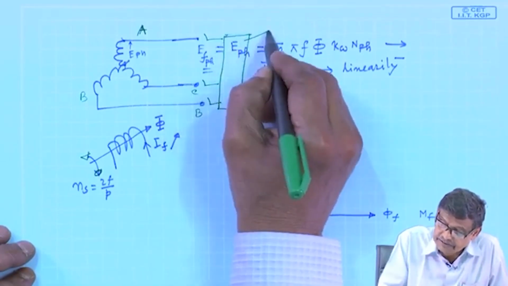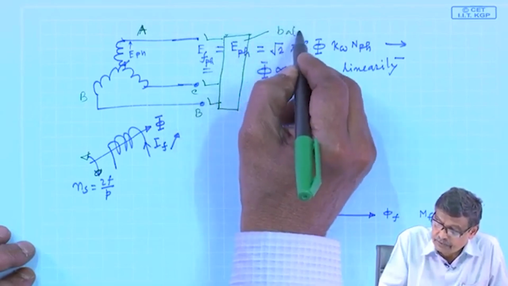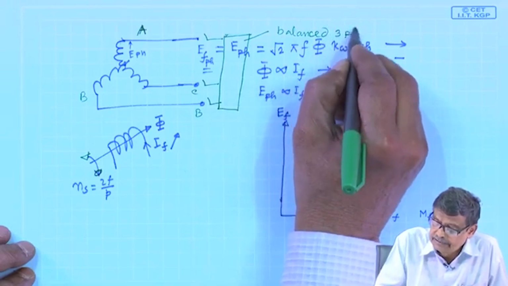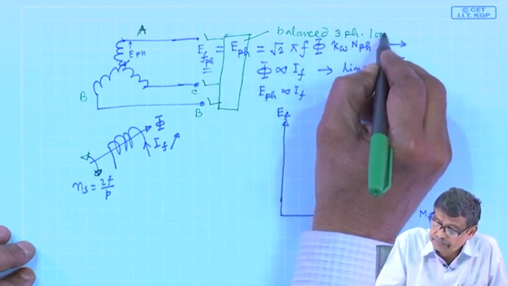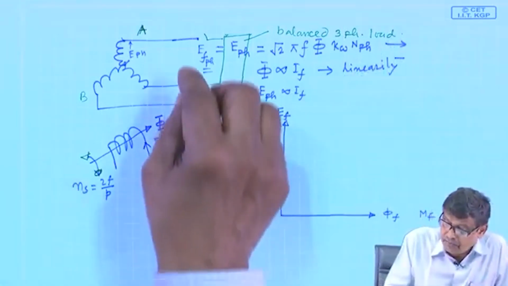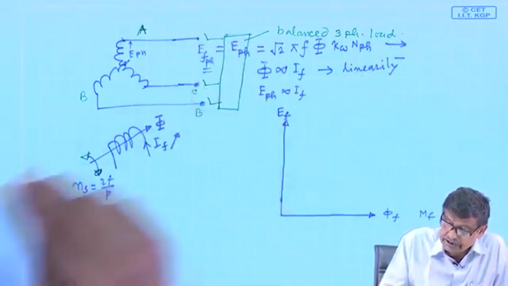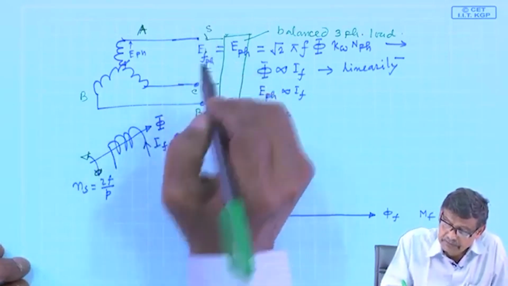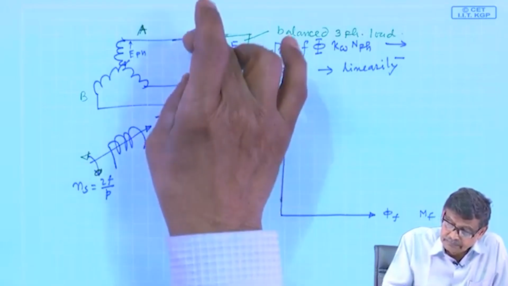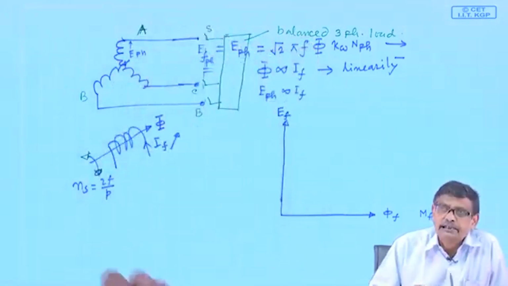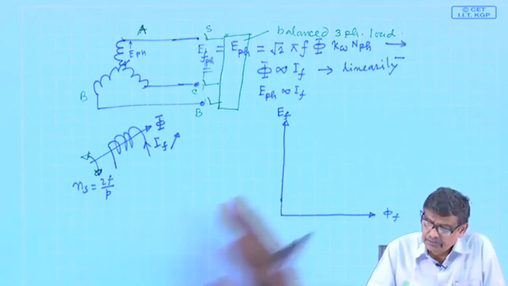This box is a balanced three-phase load. So at the terminal of the machine, with this switch S open, this voltage will be this induced voltage, root 3 times that line to line voltage. Phase voltage I am plotting.